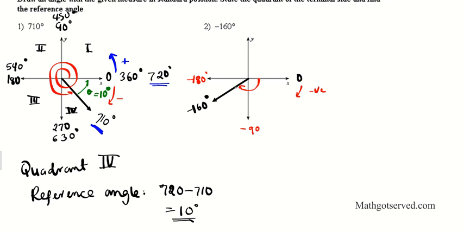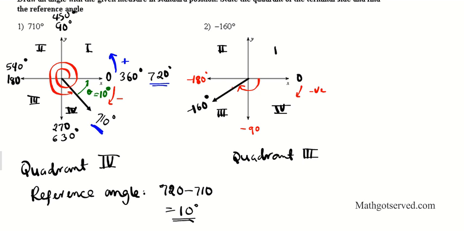So this is the terminal side that we're looking at. What quadrant is this? This is quadrant 3. Remember how you label it: 1, 2, 3, and that's 4. Now, the reference angle is basically the angular measure to the closest x-axis. This is the closest x-axis to this terminal side.